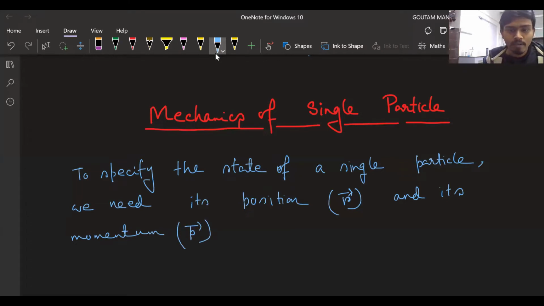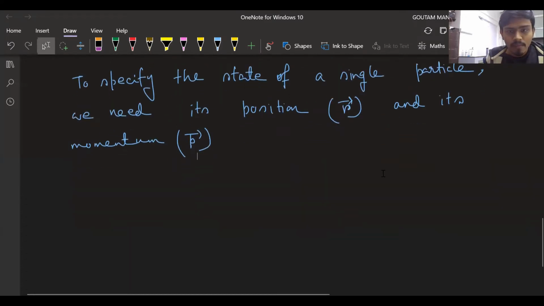In classical mechanics, this position and momentum can be simultaneously measured with 100% precision. In quantum mechanics you can't, but in classical mechanics you can measure the position and momentum of a particle with 100% precision.